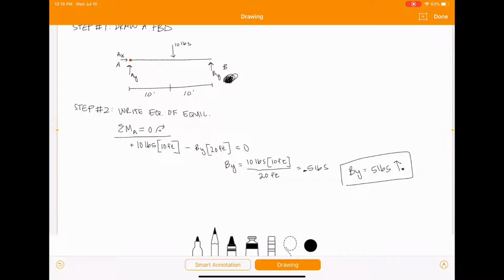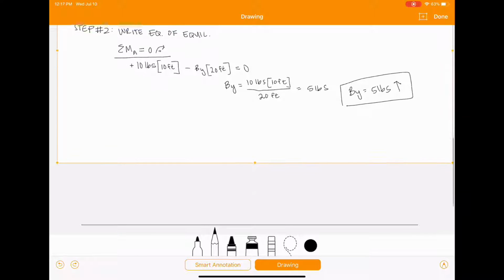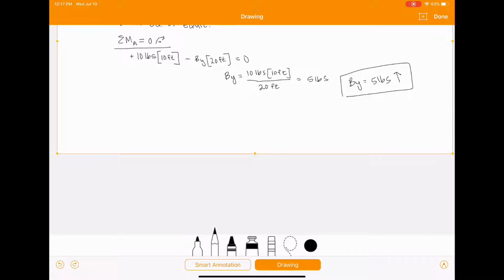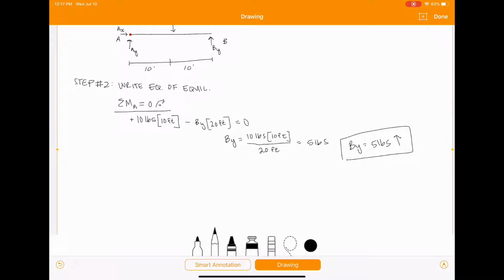But it came out positive, so we assumed right up here, so we know that this right here is going to be up as well. It's going to be positive. All right, so now we have our BY. Now we can look at our sum of forces Y.